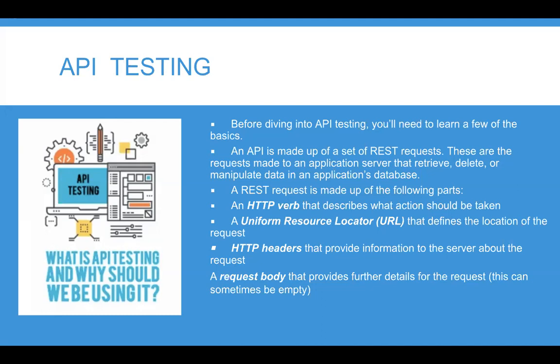Now, an API is made up of a set of REST requests. These are requests made to an application server that retrieve, delete, or manipulate data. So we've spoken about that. Now, a REST request is made up of the following parts. When you ask for information on Travel Advisor about the hotels in, let's say, Manchester, something happens in the back end.